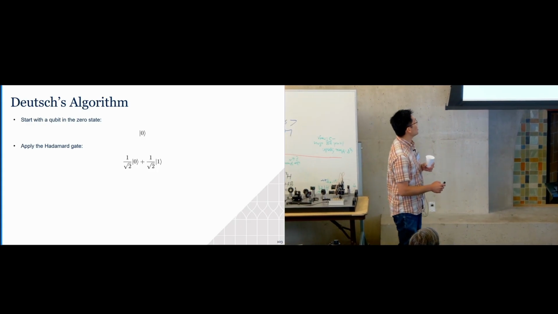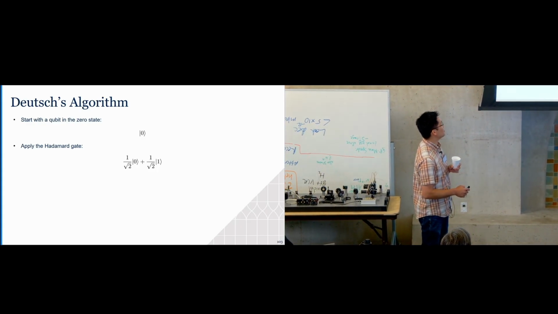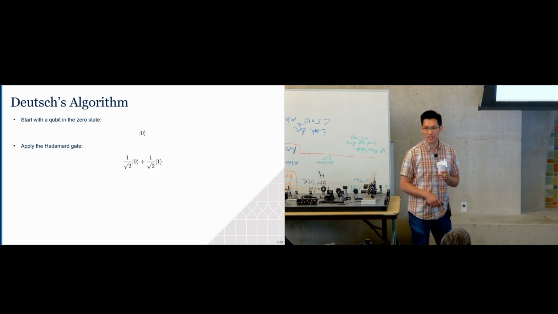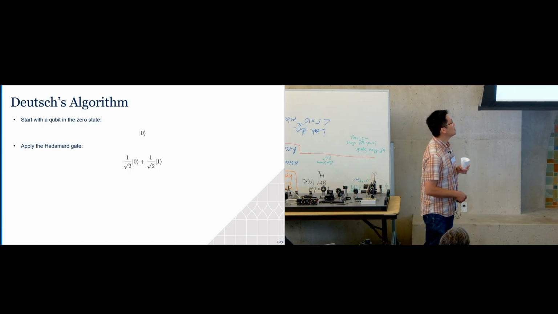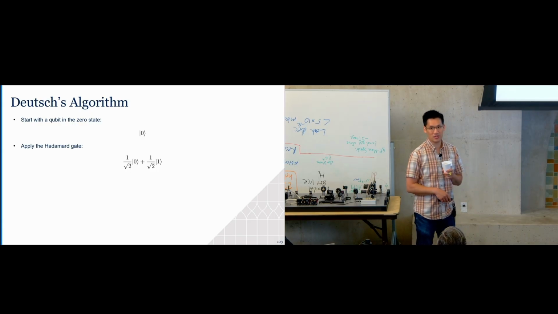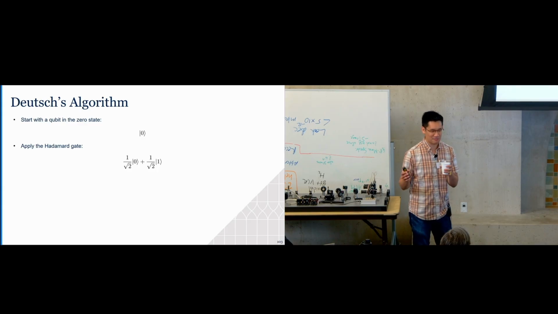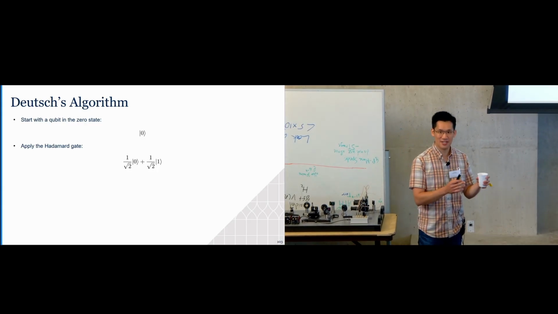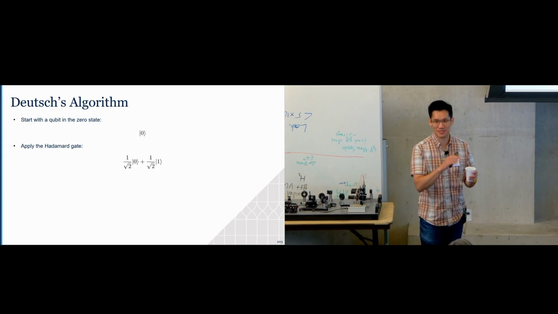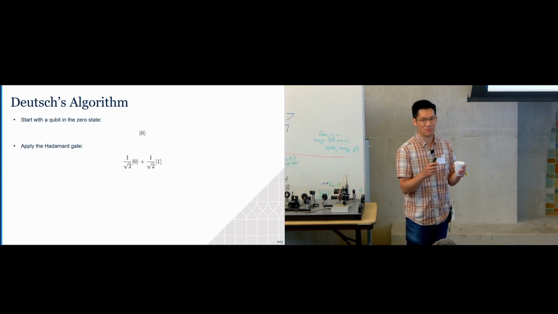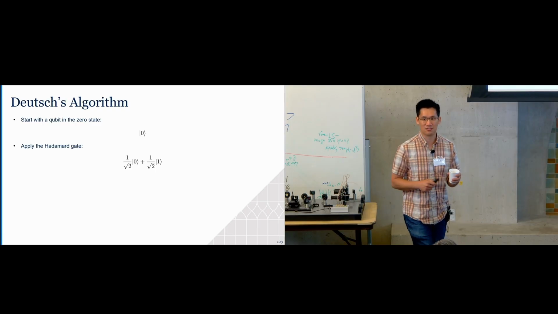Because classically, you can't have a superposition of 0 and 1. This is something that you can only do quantum mechanically. And so this ends up being central to attempting to do something faster than a classical computer could. So when you develop quantum algorithms, it's not just translating a classical circuit into a quantum one. Although you can do that, and for simple problems that's fine. But if you want to try to do something more cleverly, you have to use, again, quantum gates that are not classical gates.